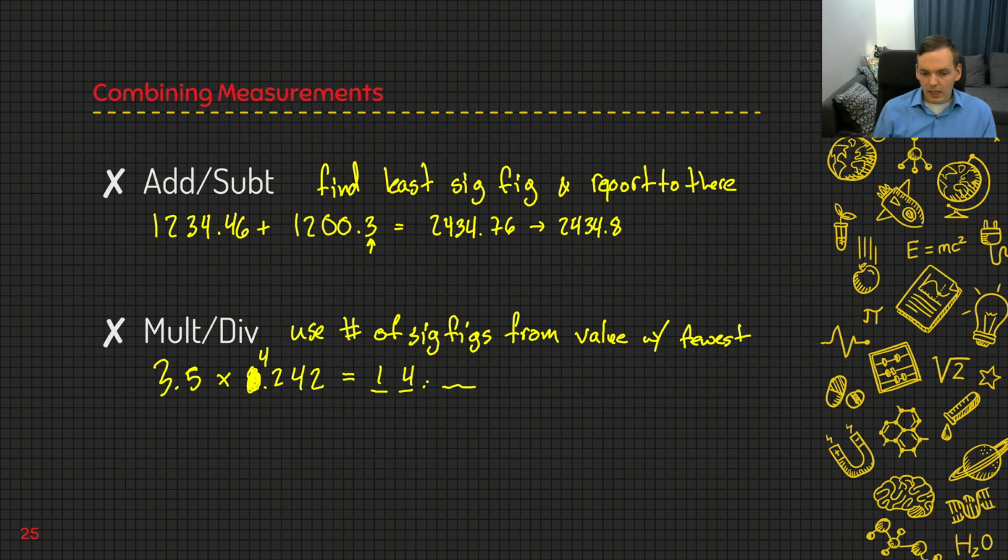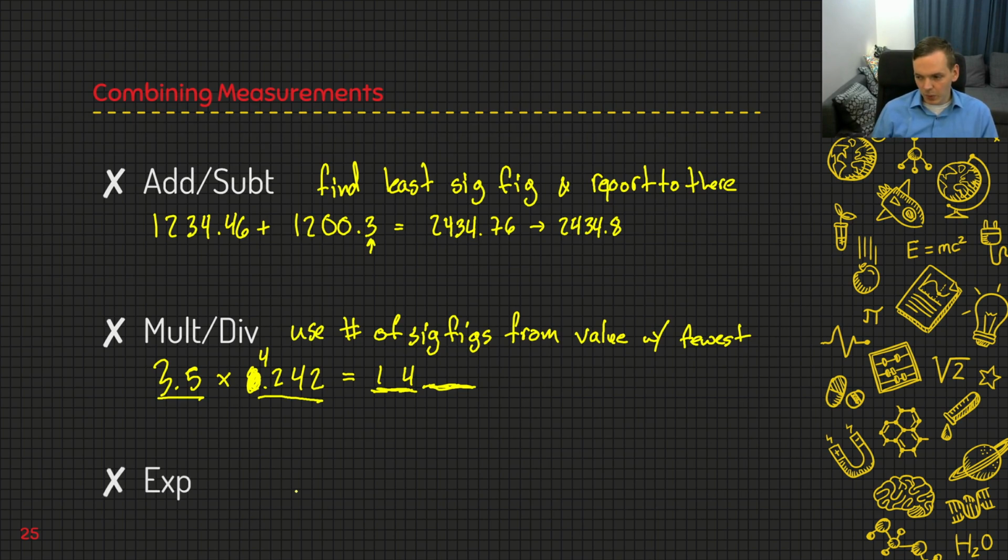Either way, all I'm going to report is the 14 because 3.5 has two significant figures, 4.242 has 4, so my answer should just have the 2. So be 14, or like I said, if it rounds up a little bit, it should be 15. Again, if this is going by a little quick, get in touch with me and I'll help explain some more.